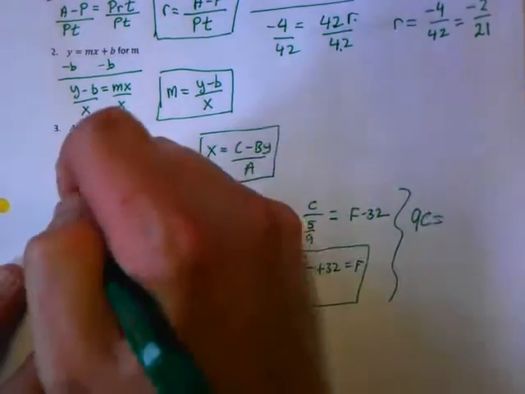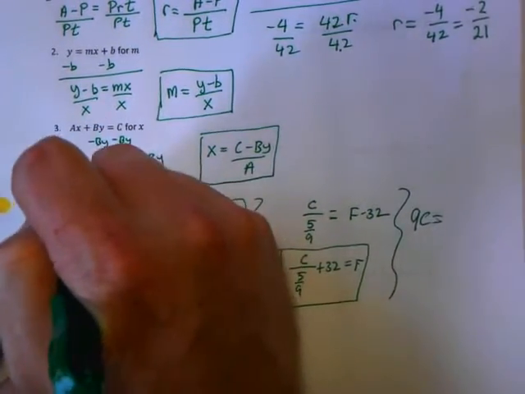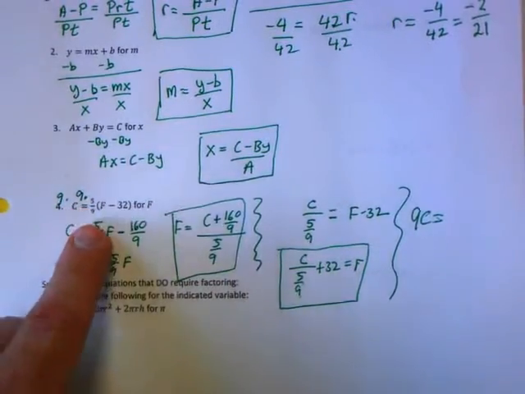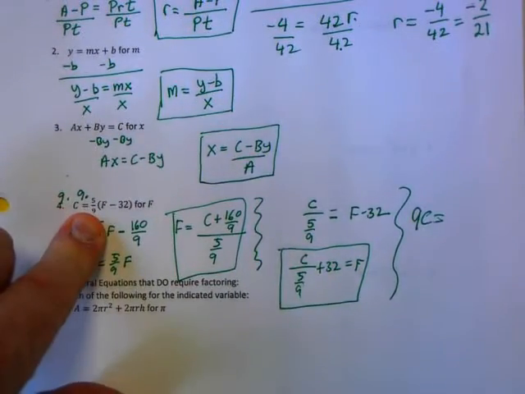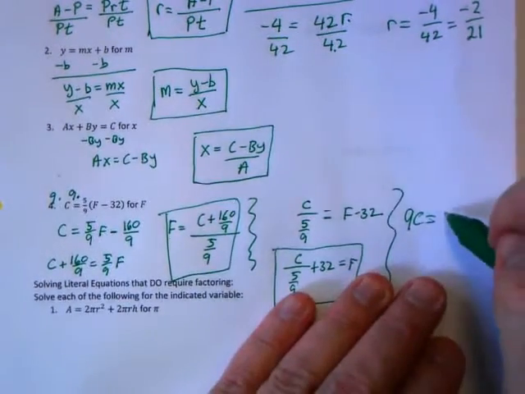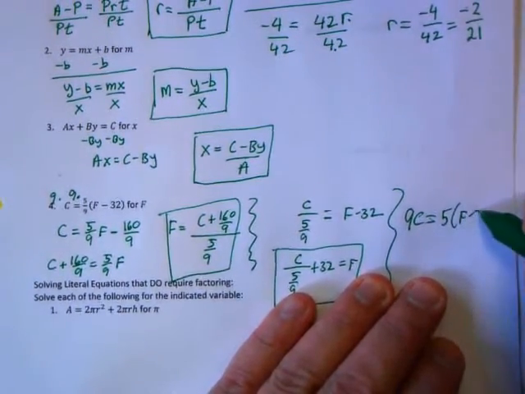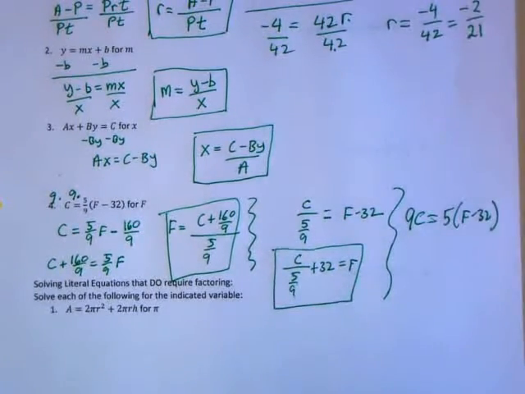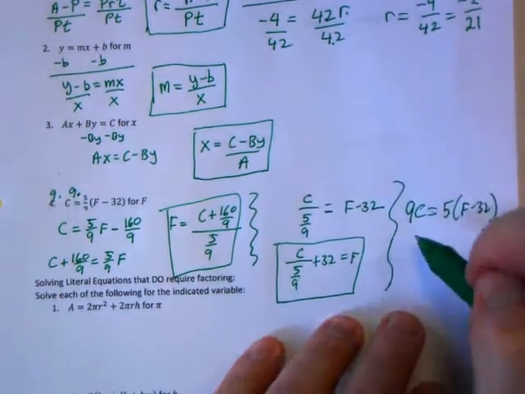So when I multiply by 9 here on the right-hand side, I take the 9 times the 5/9. The 9s go away. And what am I left with? A 5 times F minus 32. That would have been my first step. My first step would have been make the fractions go away. Multiply by 9. Then I have 9C.